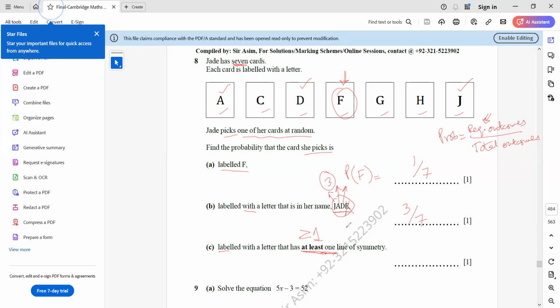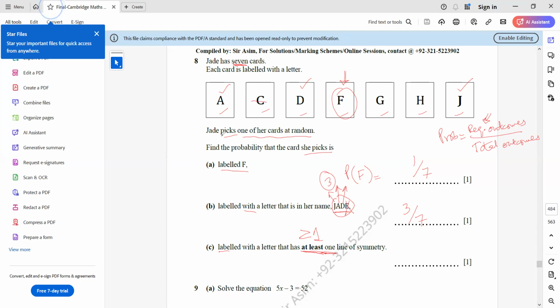Okay, you need to see for greater than one line of symmetry, A and E, not just E and F.